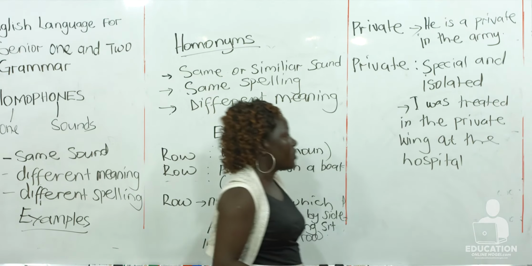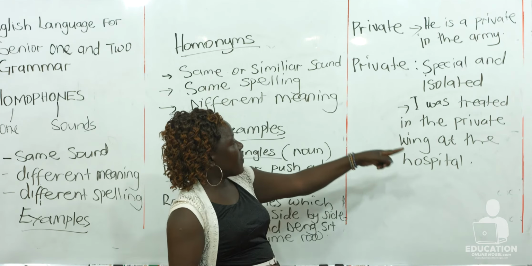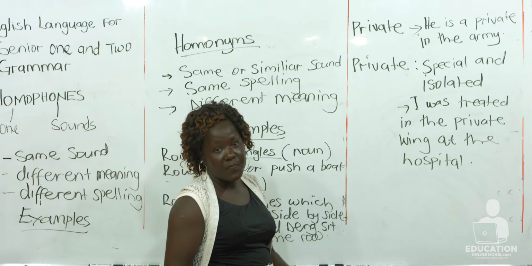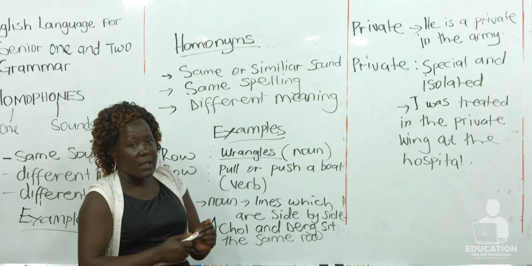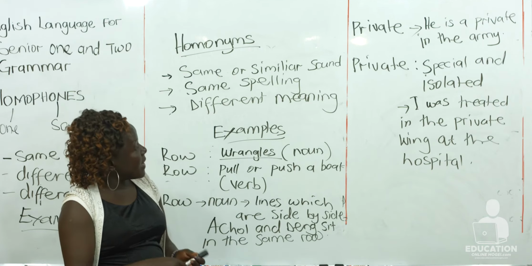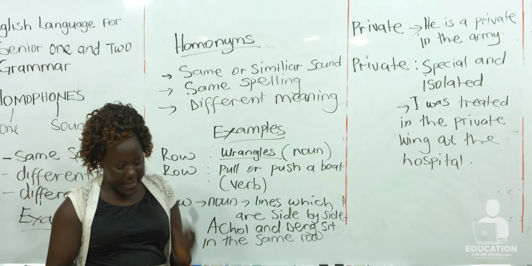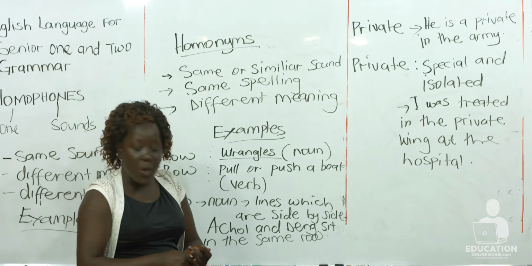Right. So you can now see, I was treated in the private wing at the hospital. So you don't need to confuse yourself. These words can be used in any way, so long as you know where you are applying them.